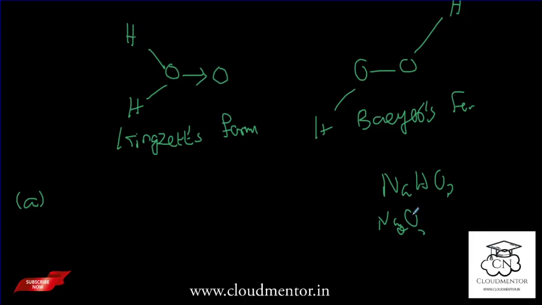Okay, and H2O2 reacts with ethyl sulfate, and diethyl peroxide is formed, and this on reduction gives ethyl alcohol. From this reaction, it is concluded that an O-O peroxo bond, that is O single bond O, is present in H2O2, and one hydrogen atom is bonded to each oxygen atom.